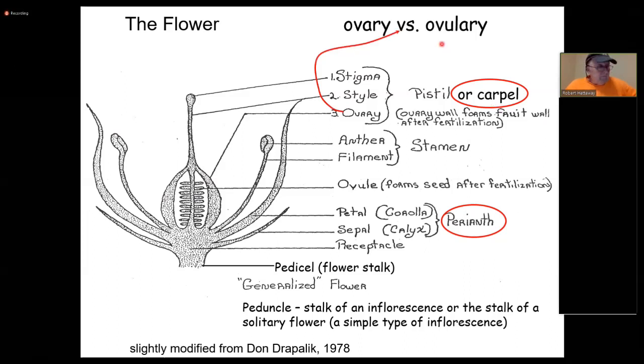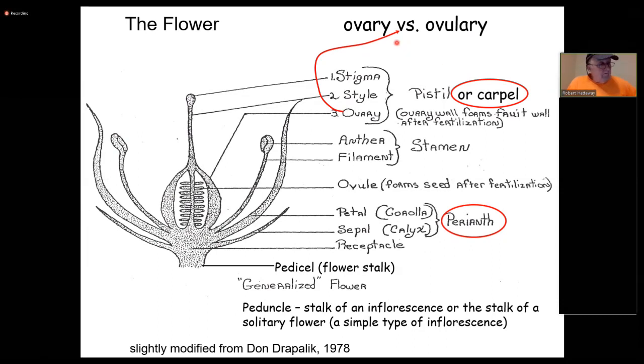Okay, an ovary versus ovulary. I got this here to make you realize that when I mentioned placenta, it's not like a human placenta, but it functions that way. An ovary on a human female or an animal is not the same as an ovary of a plant. So technically the more accurate term would be ovulary, but nobody ever says that.